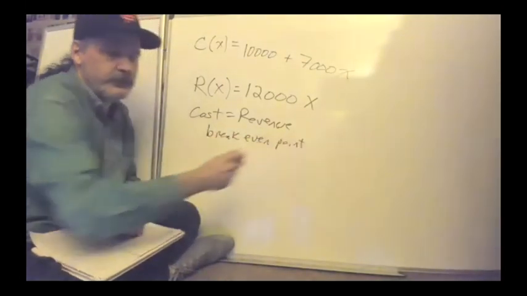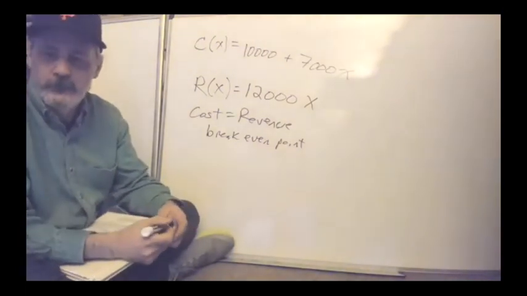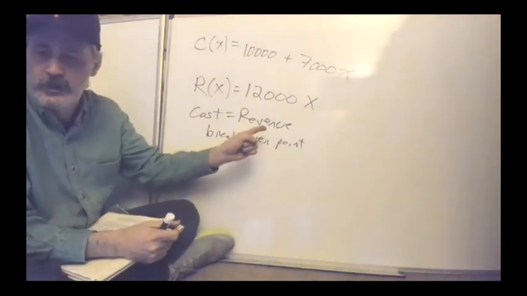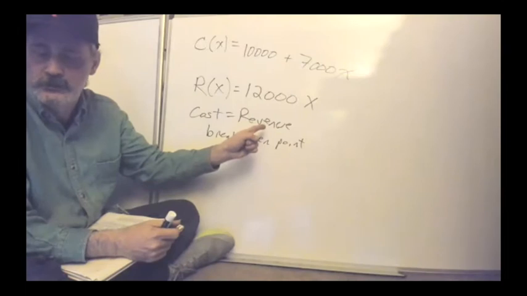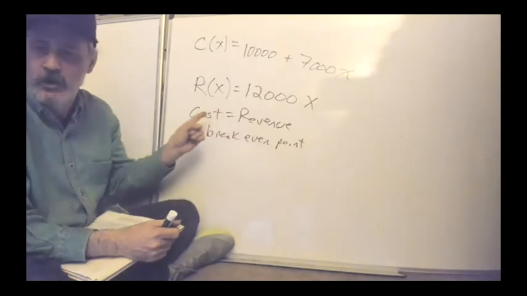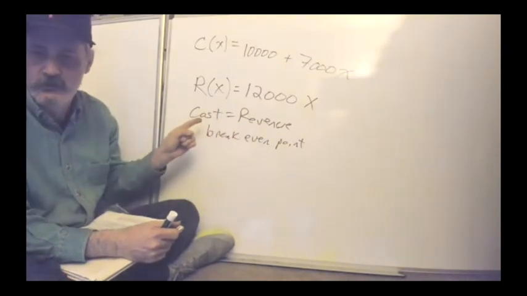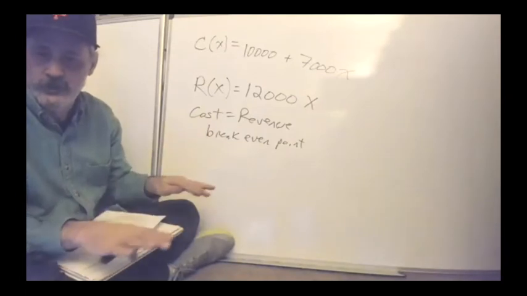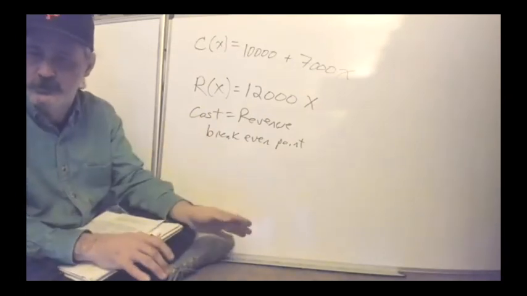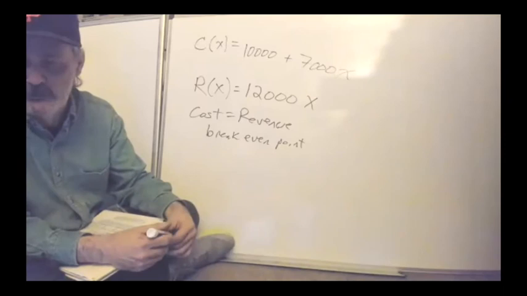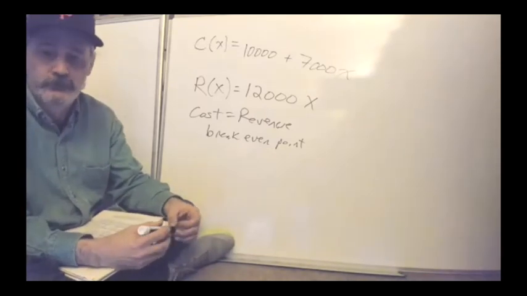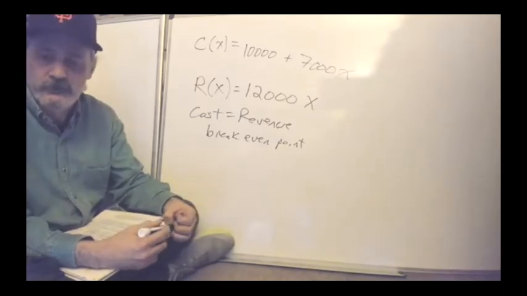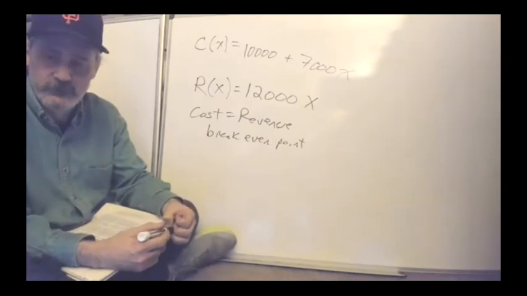So if this was our business, as long as we make as much money, the revenue, when we sell these cars as what it cost us to make them, we break even. That means we're not losing any money, but we're also not making any money. Now, granted, you want to make money. That's the whole point. But at the very least, you don't want to lose any money.